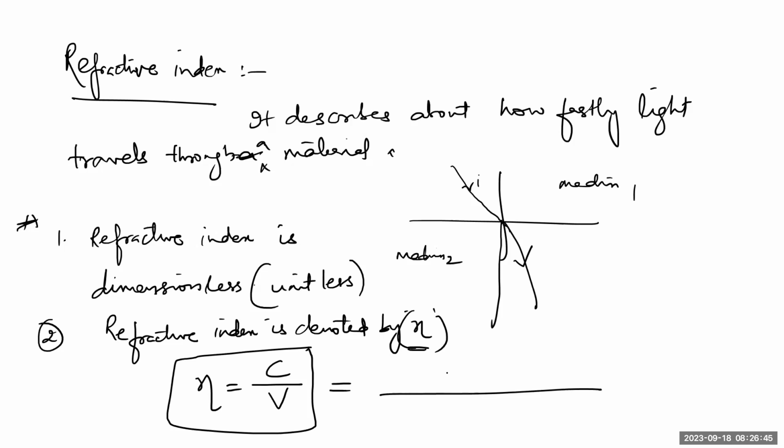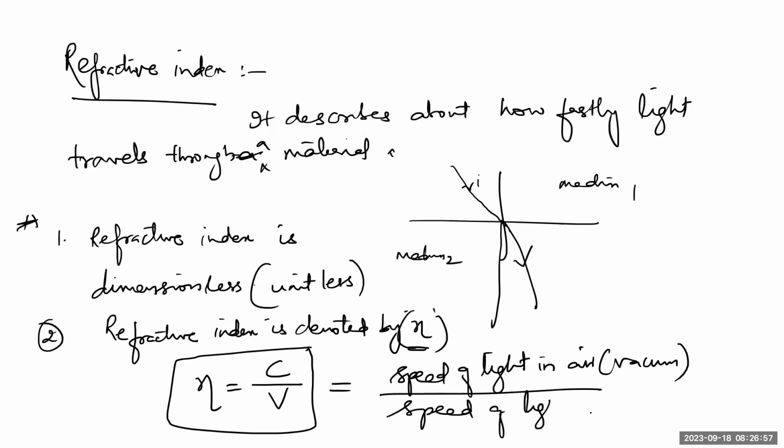It is speed of light in air or vacuum divided by speed of light in medium, and refractive index is denoted by small n or eta, that is equal to c by v.